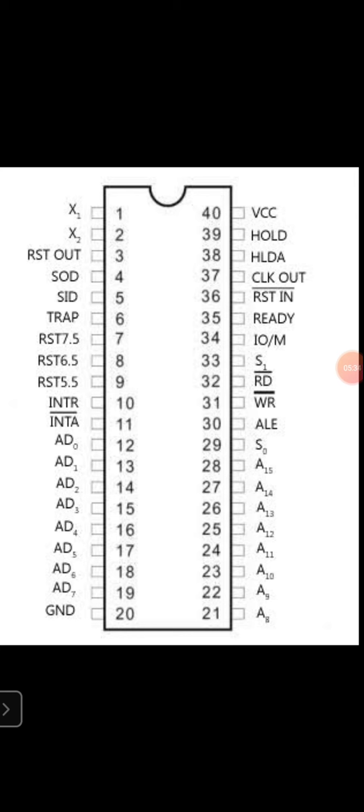Next, coming to the data bus and address bus. Data lines are 8 lines. The address bus consists of 16 lines. Here, status signals: how many status signals are in the microprocessor? Two status signals.